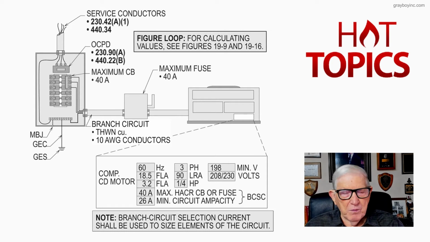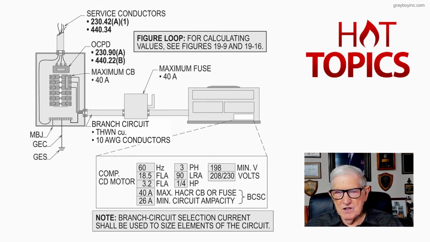Now this is important, and I'm going to look at the last sentence of that paragraph with you. It reads, this marking in 440.4C shall be provided by the equipment manufacturer and should be on the nameplates where the rated load currents appear. And of course, that's what you have here.